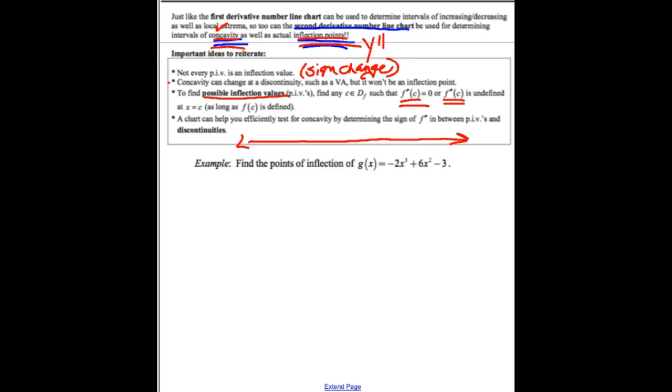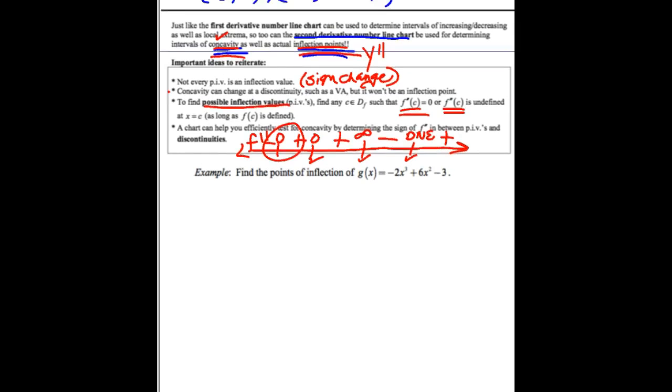And we find f double prime at all those places: at any discontinuity in the original function, at any discontinuity in the derivative or the second derivative, which gives us our cusps and such, and at any true second derivatives that are 0. And then we do a test. And we find which one of those are actually inflection points.